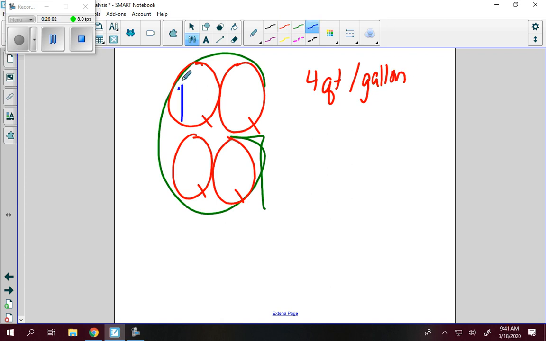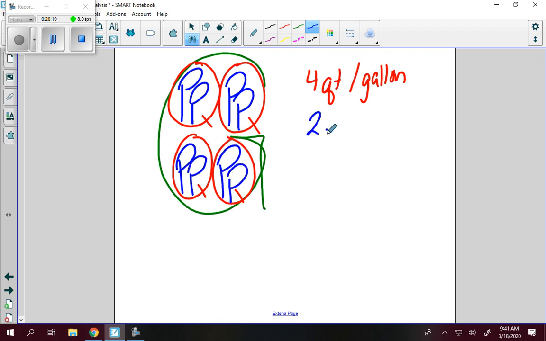I can fit 2 P's in a Q because there are 2 pints equals 1 quart. I can fit 2 C's in a P because there are 2 cups in 1 pint.